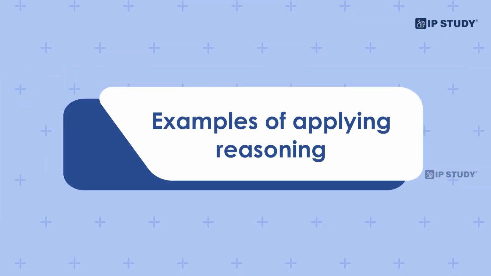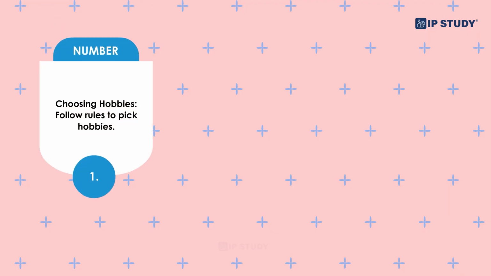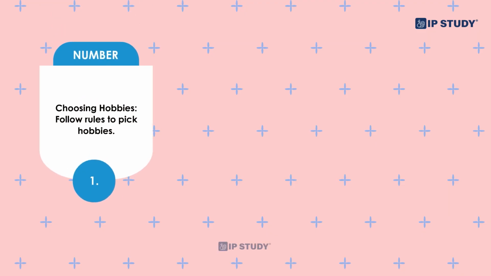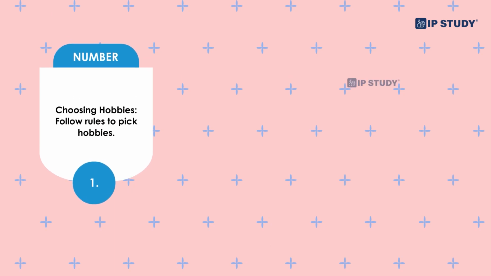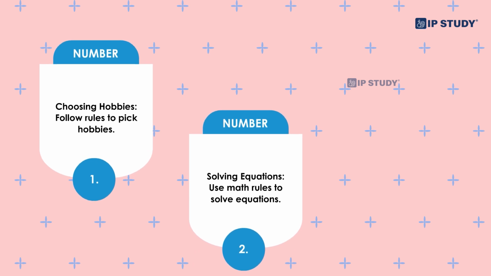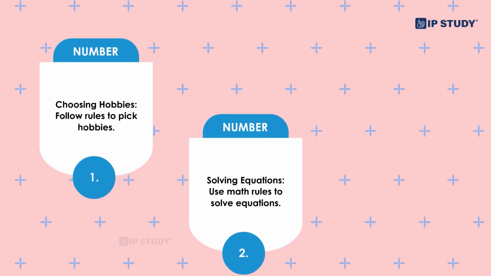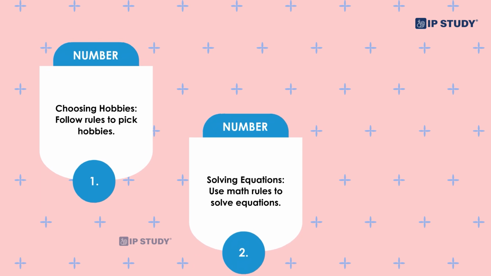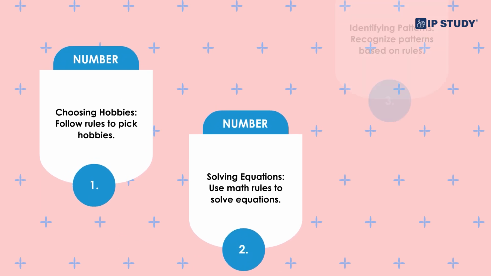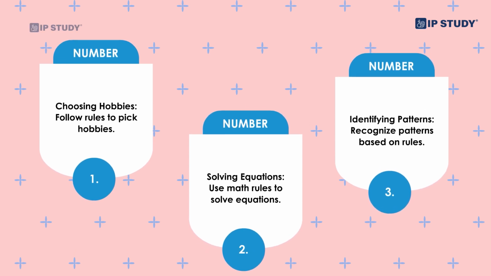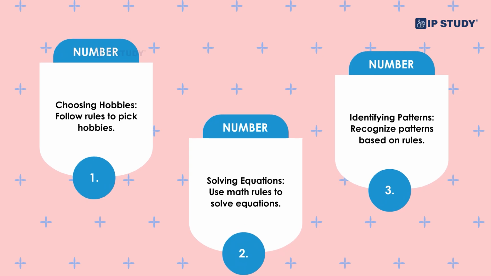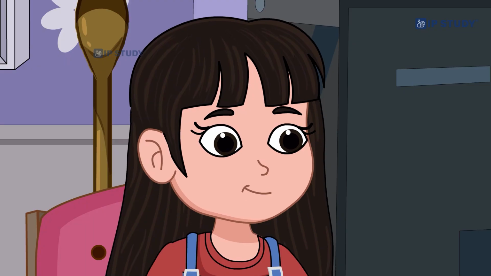Examples of applying reasoning. First, choosing hobbies. Follow rules to pick hobbies. Second, solving equations. Use math rules to solve equations. Third, identifying patterns. Recognize patterns based on rules.